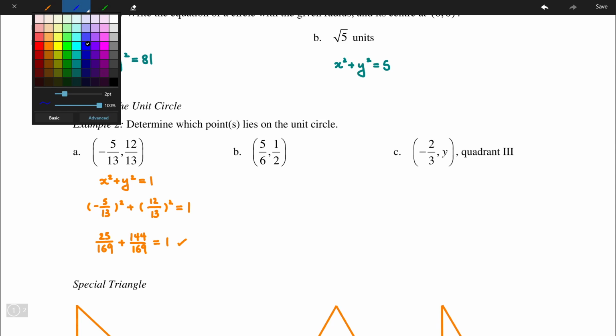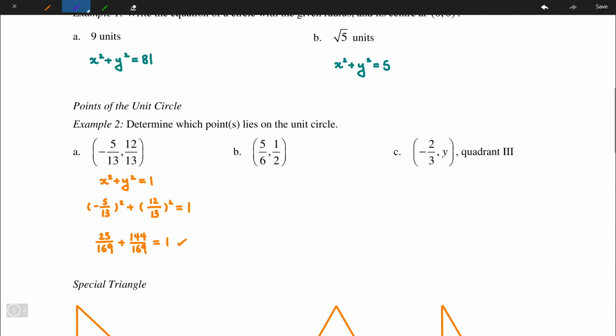Okay. The second point here, we have 5 over 6 and 1/2, so same kind of idea. x squared plus y squared equals 1. Then we can substitute here 5 over 6 squared plus 1/2 squared.